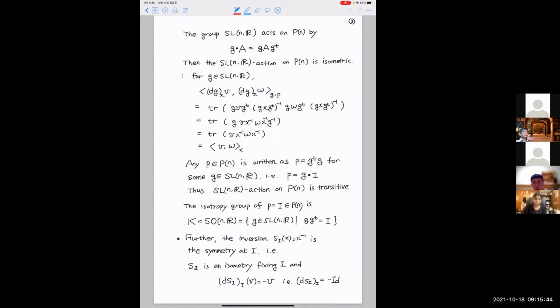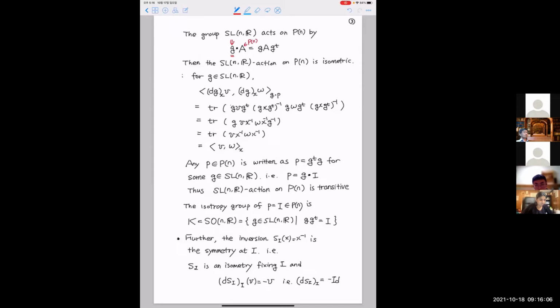Okay, so here the SL action on the Pn. So G is an SLnR element, and A is in Pn.